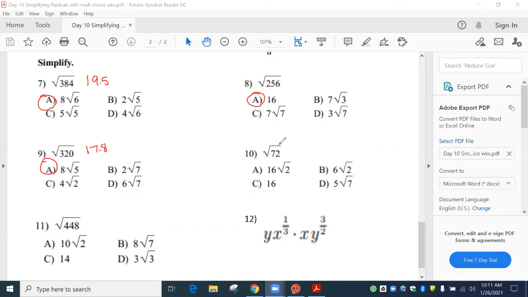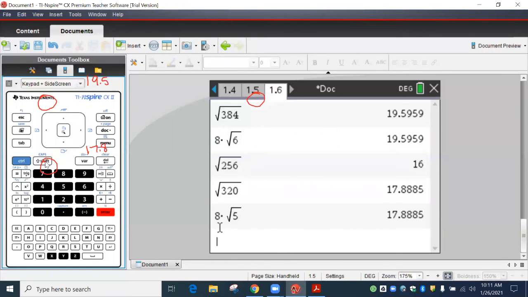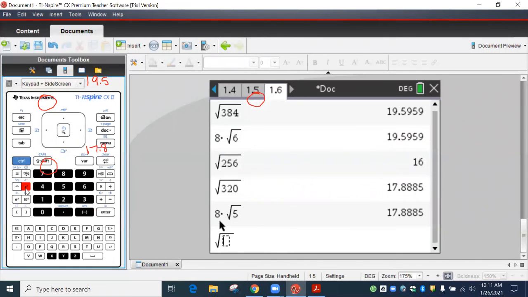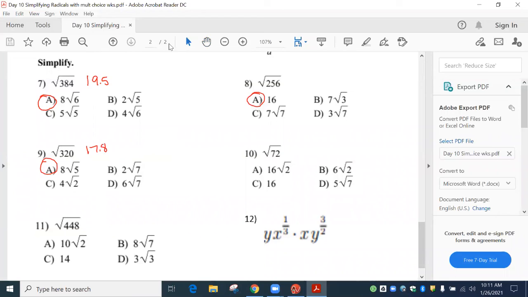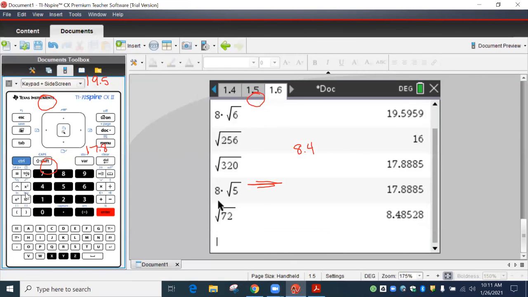So number 10 is square root of 72. So square root of 72, we get 8.4. So we're going to type in, I definitely know it's not C. 8.4 can't become 16. So it's definitely not C. So we're going to do 16 square root of 2.